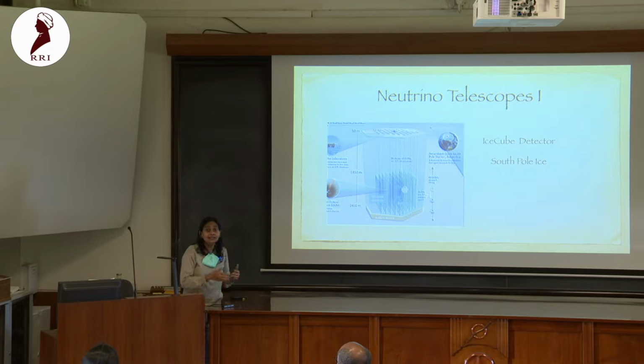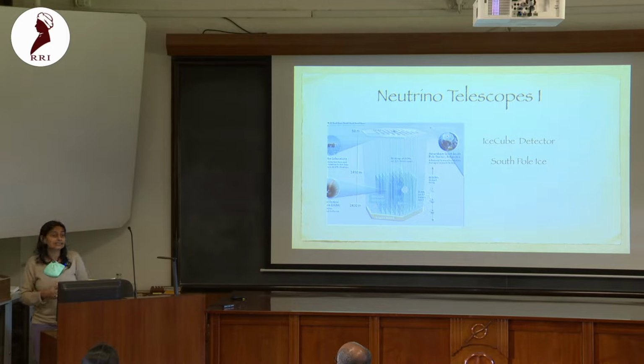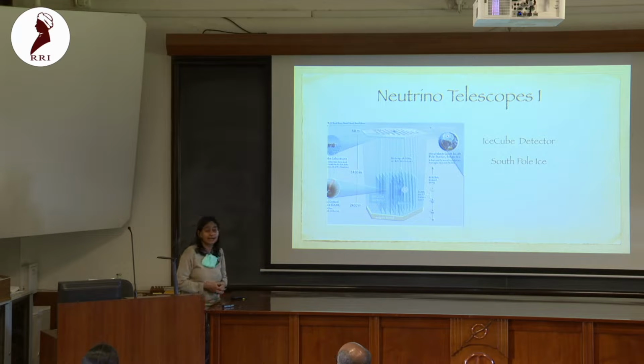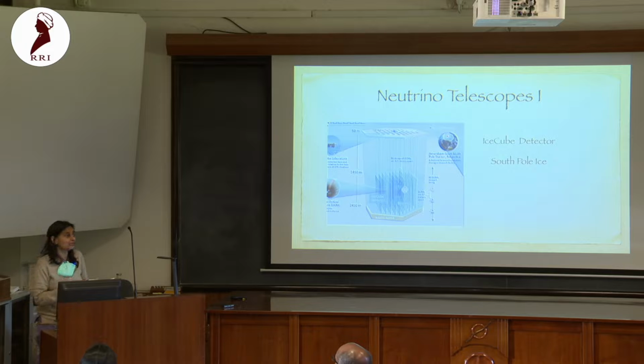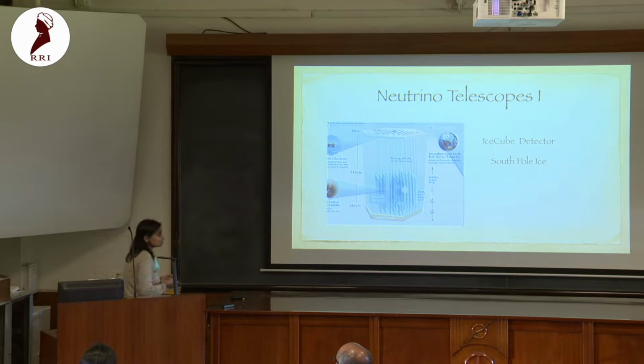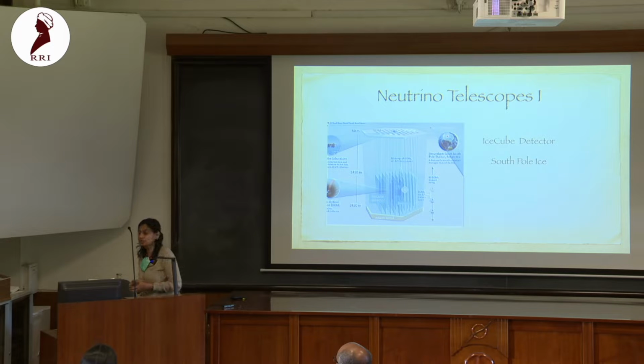Interestingly, for the last few years, the IceCube detector has been giving very interesting results. They are saying that there are astrophysical neutrinos. When they detect an astrophysical neutrino, they associate a probability that it is astrophysical, because there is a lot of background, so they have to work on reducing the noise.